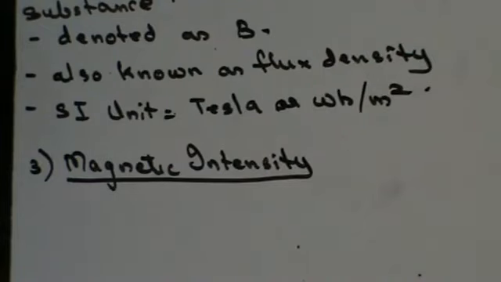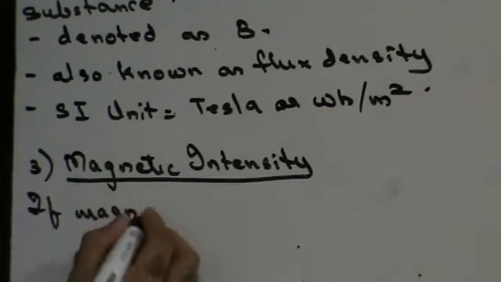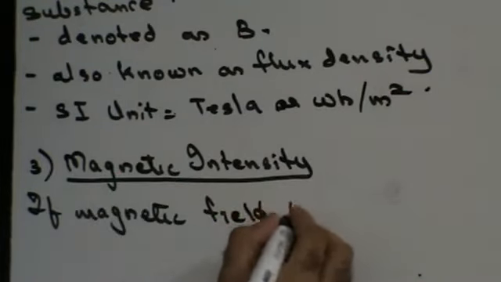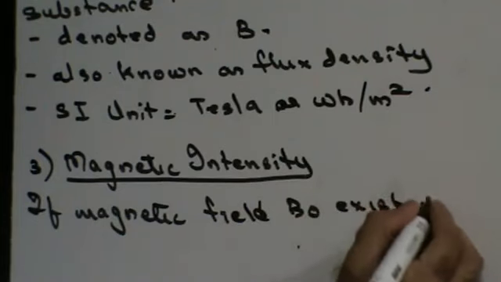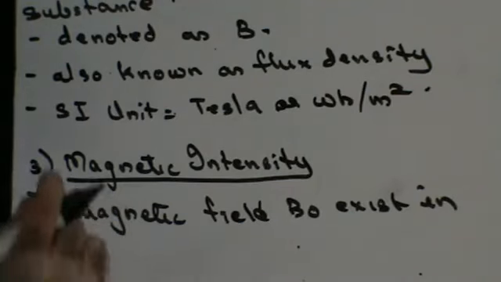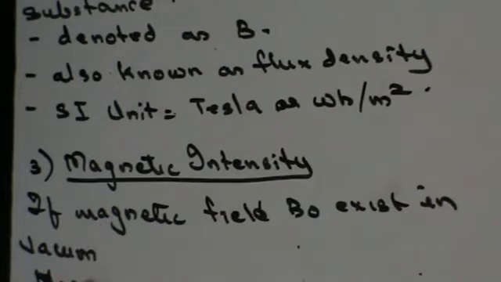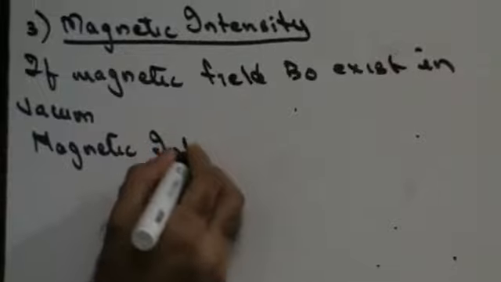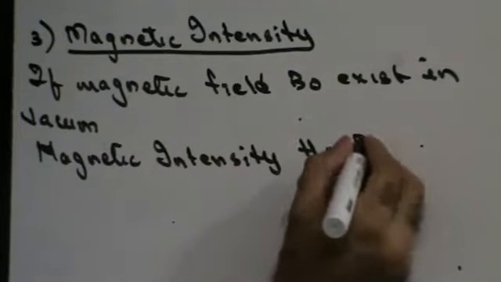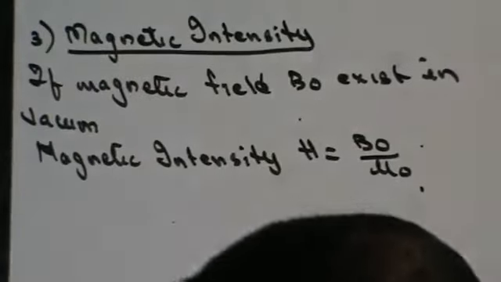If magnetic field B0 exists in vacuum, then I can say that the magnetic intensity H is nothing but B0 upon mu 0. Fine. Where mu 0 is the absolute permeability.